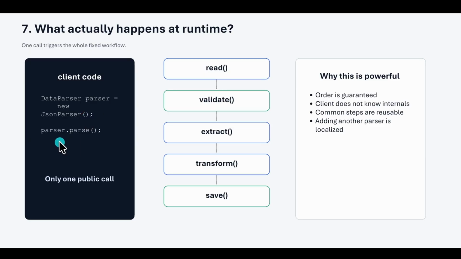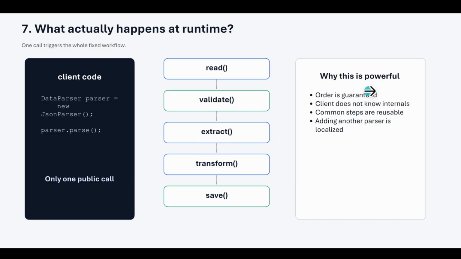If we call parser.parse, then the read method defined in the JSON parser will be called, the validate method in the JSON parser will be called, and this save method will be called in the data parser because the parent class has this implementation. Similarly, if we change this object to CSV parser, then the CSV parser's functions will be called. So at runtime, it will decide which method it needs to call.